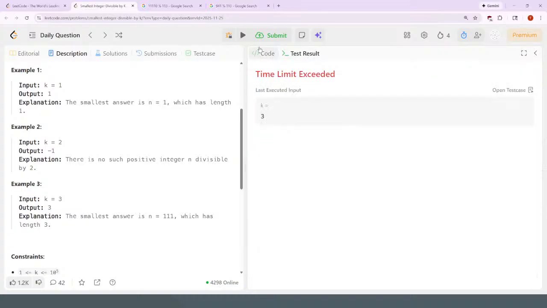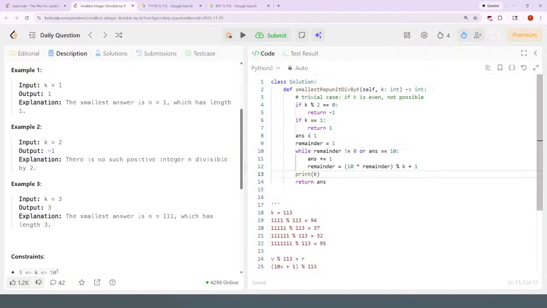Why would it time out? Oh, well, it's timing out at k equals 3. The remainder is 1. The answer is incrementing. The answer should eventually hit 10.